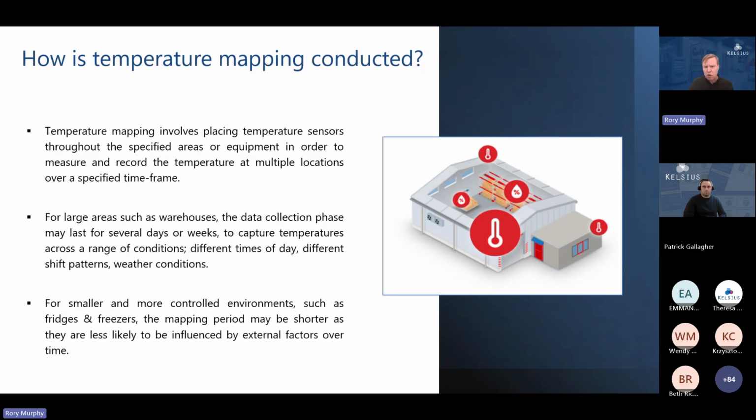For smaller and more controlled environments, such as fridges and freezers, the mapping period may be shorter as they are less likely to be influenced by external factors over time. Of course, if you had a cold room with an external wall, even though that's a controlled environment, you might want to conduct mappings at different times of year.